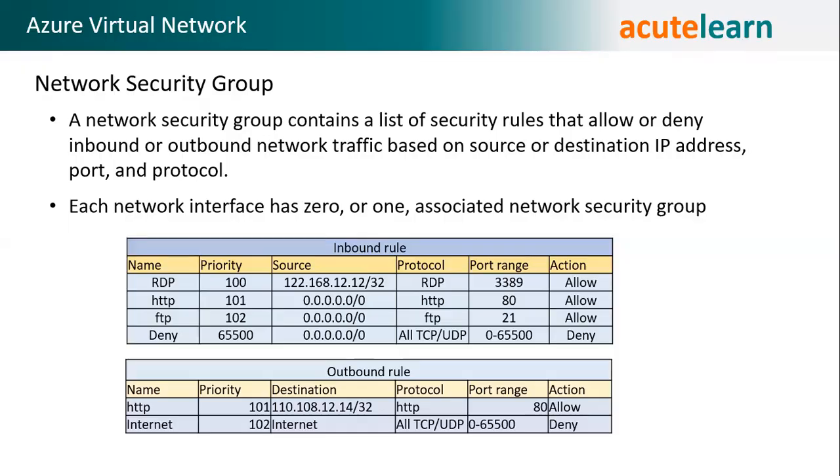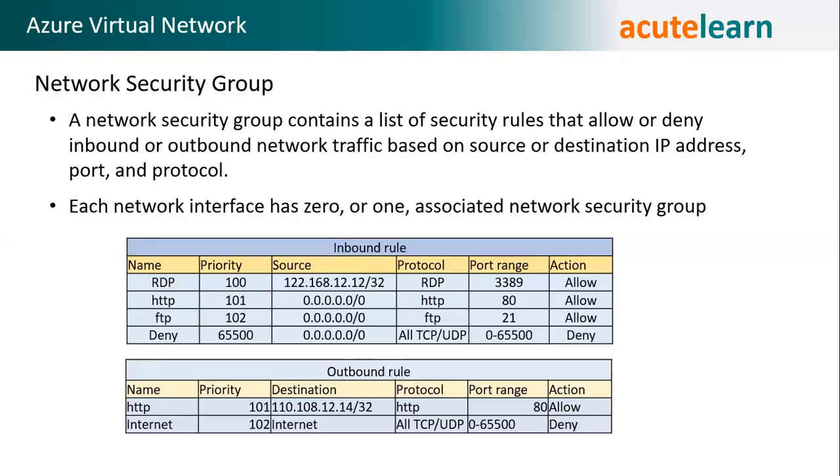Similarly, a network security group is just security rules, which consist of allow and deny rules. Based on these rules, it is going to allow or deny the traffic based on the priority of the rule. We have inbound rules and outbound rules, and we can define allow or deny in both.